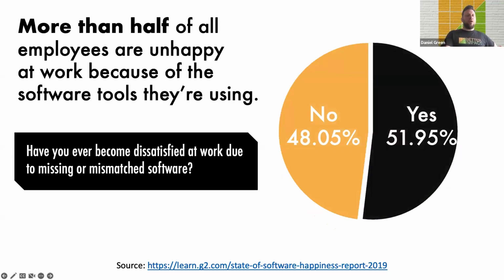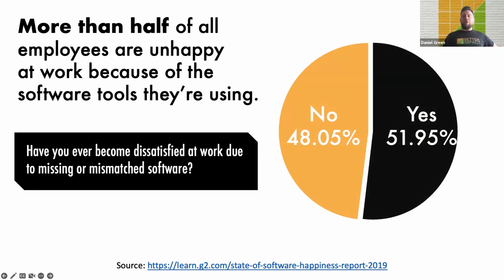Did you know that more than half of all employees are unhappy at work because of the software tools they're using? Well, 51.95% says yes. Have you ever become dissatisfied at work due to missing or mismatched software? And just to let you know that these stats have come from G2's 2019 State of Software Happiness Report.